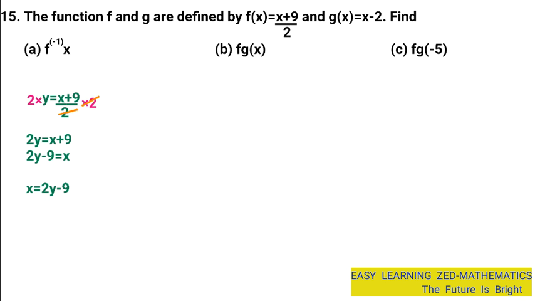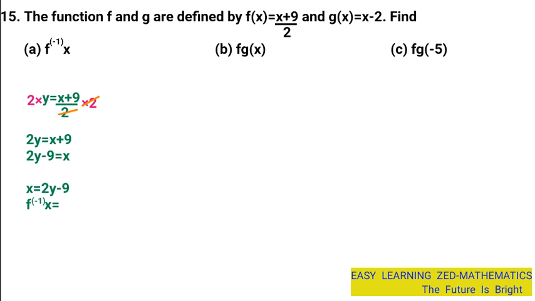There is nothing I've done there. I haven't added anything, the statement is just the same. I've just swapped it so that you don't get confused, because we usually put the subject of the formula on the left side. Then next, I'm going to write the inverse of f of x is equal to, so where there is y in that expression, I'm going to put x.